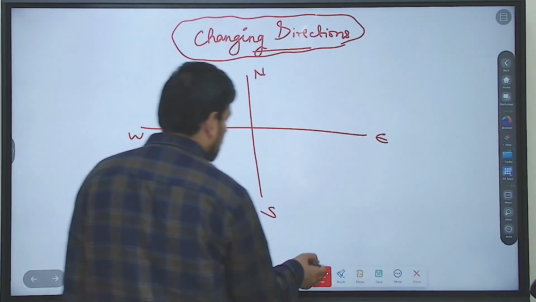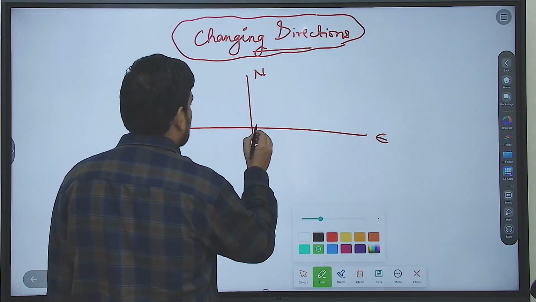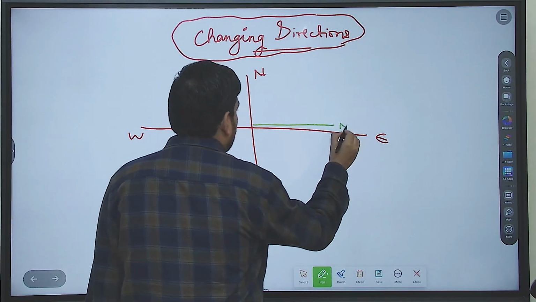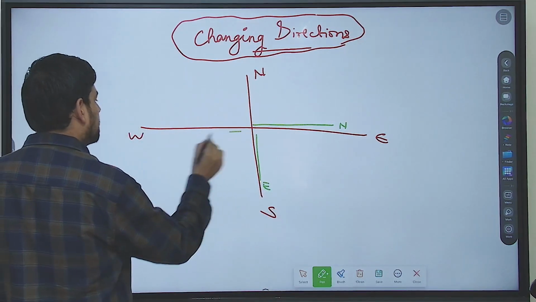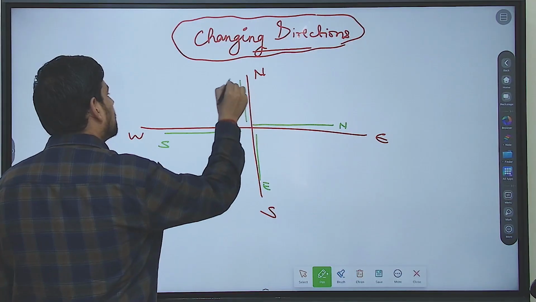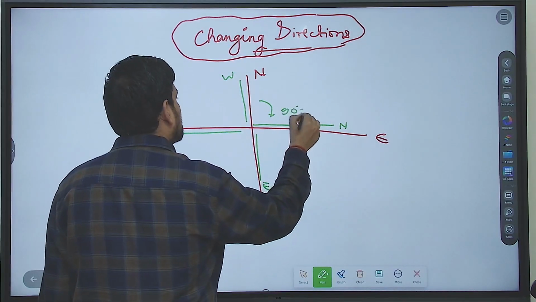Then what will happen? This north will come here, this east will go here, this south will go here, and this west will go here. Why? Because I have rotated this entire thing by 90-degree clockwise.